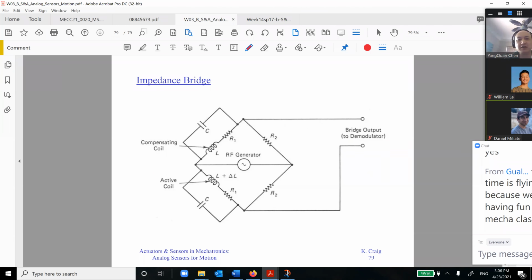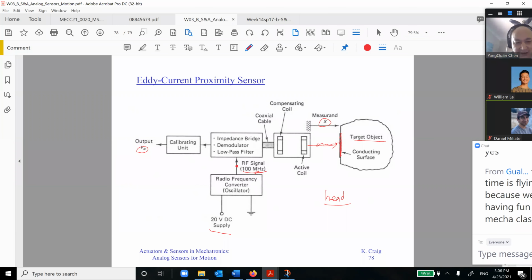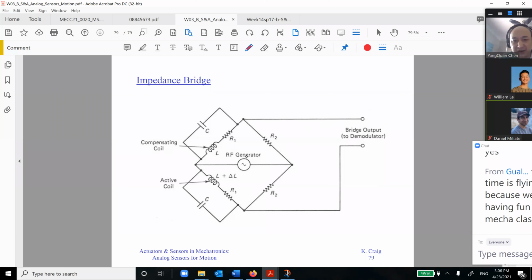Of course, you need other bridges for impedance, to get out the impedance. It's like the bridge circuit is in here. The RF generator is 100 meg, remember?